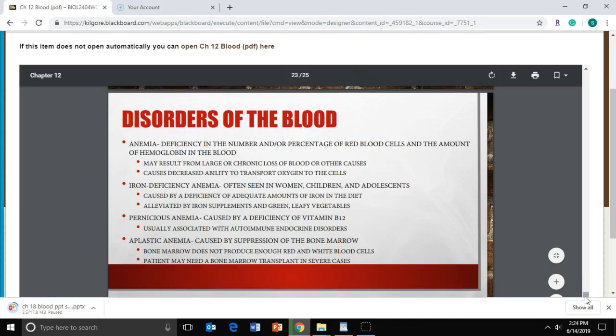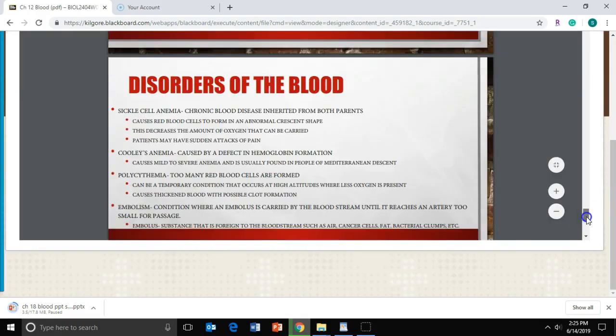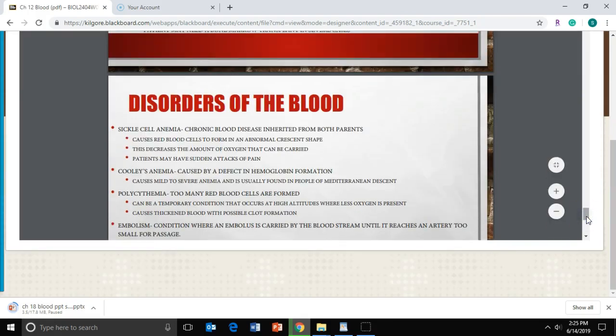Something else I want you to know is anemia, which is deficiency in the number and or percentage of red blood cells and the amount of hemoglobin in the blood. If you think about it, if you have anemia, you're not going to have as many red blood cells or as much hemoglobin to transport oxygen, and this is what leads to the problems with people that have anemia. And obviously there's many different kinds of anemia.